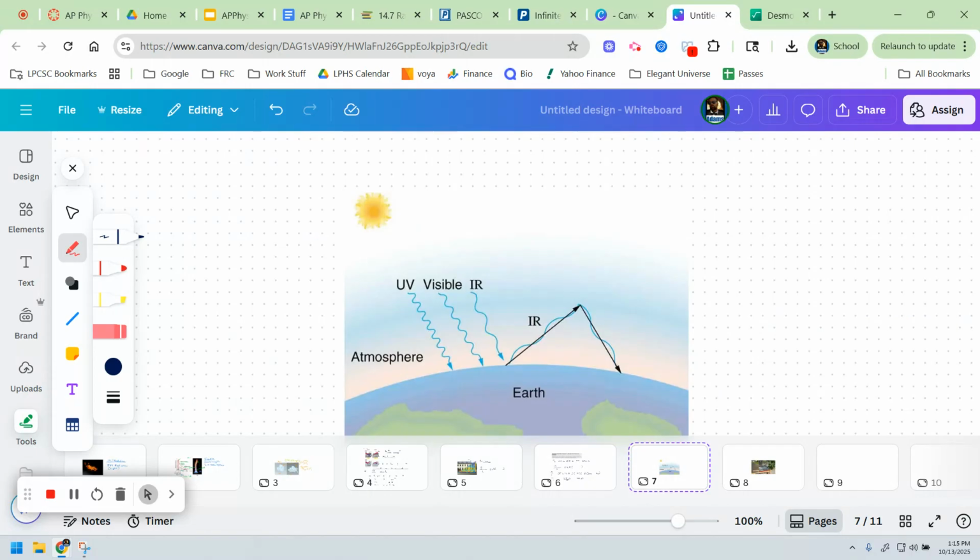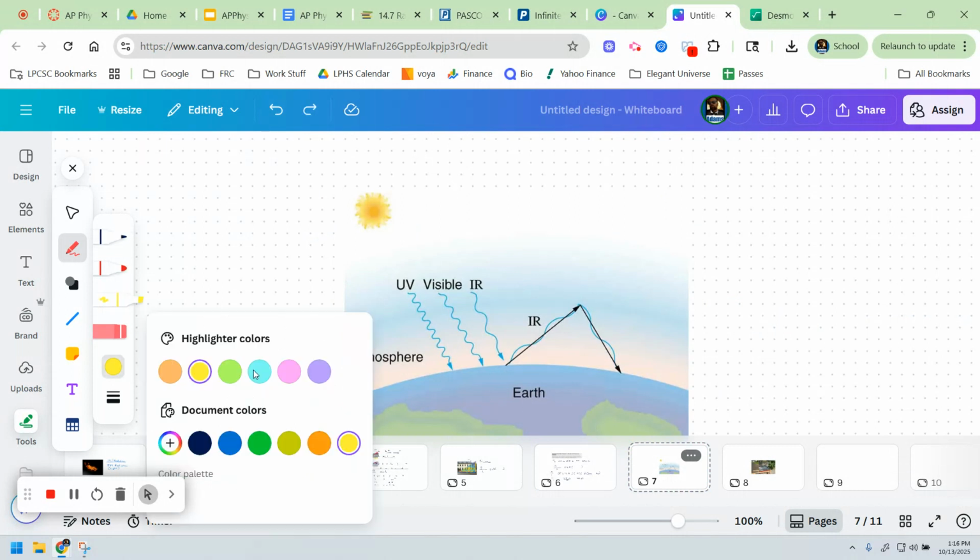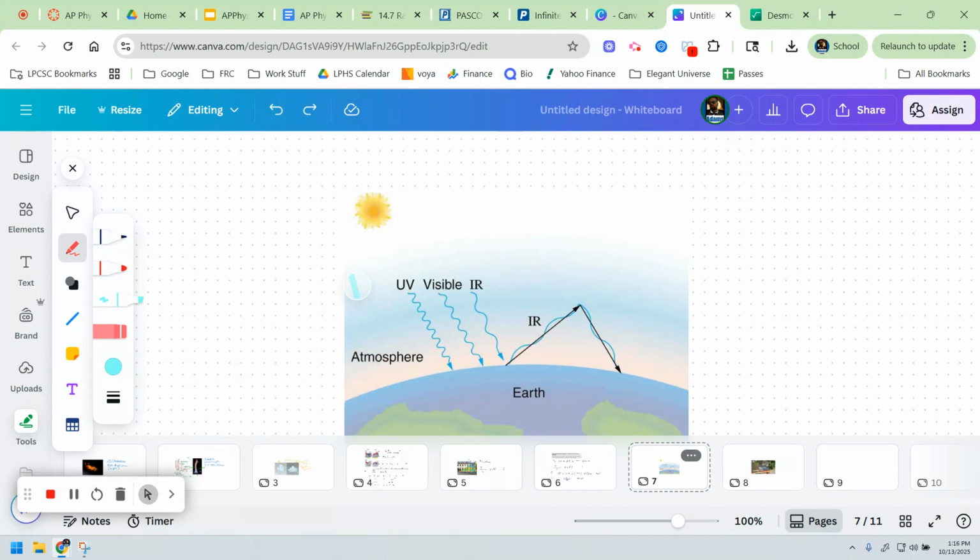The atmosphere is kind of like a glass window. It's transparent and it allows light to come in. So right here, we kind of have Earth's atmosphere. It acts like a window where the light can get in.